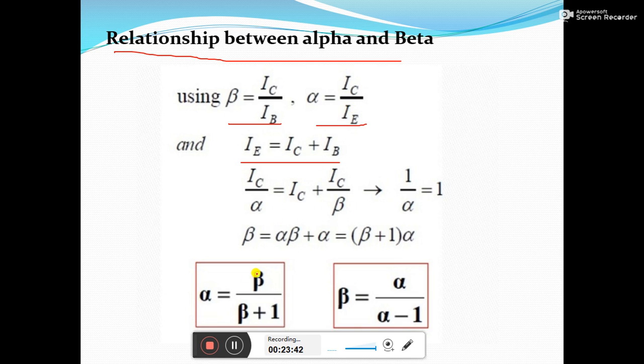If you deduce the relationship between alpha and beta, alpha can be expressed as beta divided by beta plus 1, and beta can be expressed as alpha divided by 1 minus alpha. Similarly, you can deduce the relationship of gamma in terms of alpha as well as in terms of beta. That is given in the notes, so please read that also.